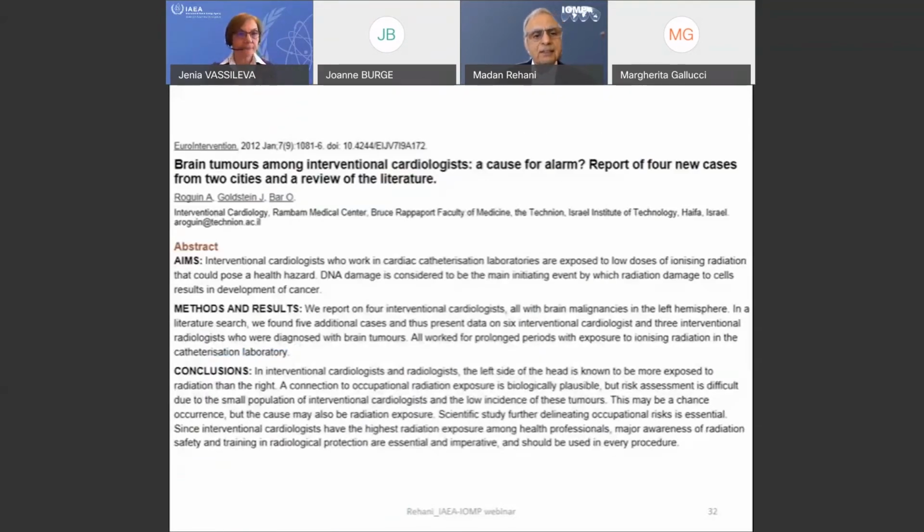So let me, to answer this question, take the example of something different. It may look strange here, but this has a very strong message. About 10 years ago, papers like this were appearing in the literature. Brain tumor among interventional cardiologists, a cause for alarm, report of 4 new cases.